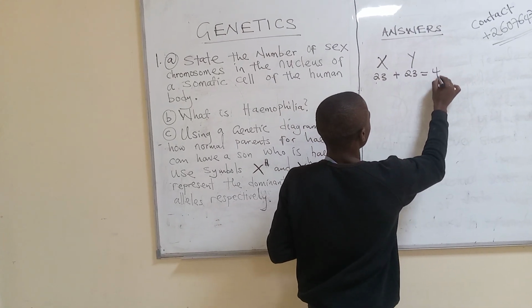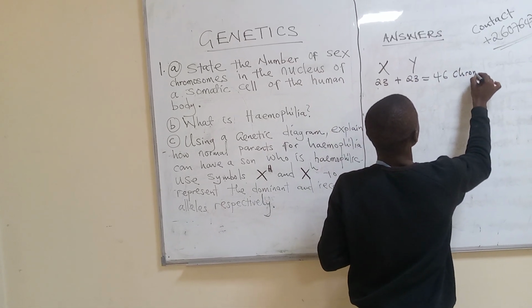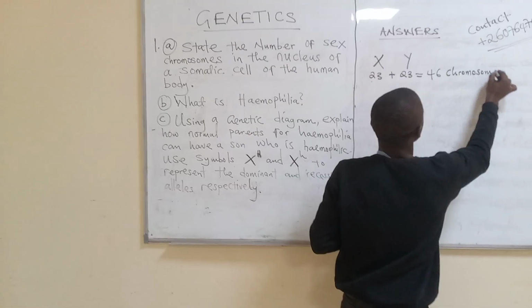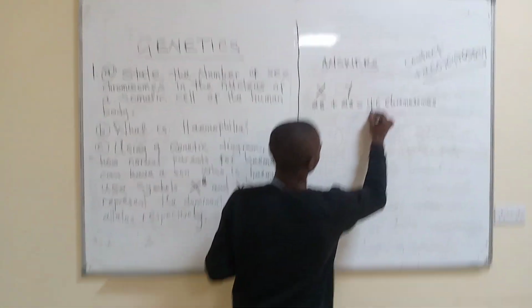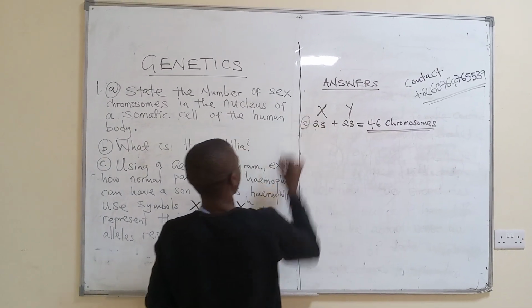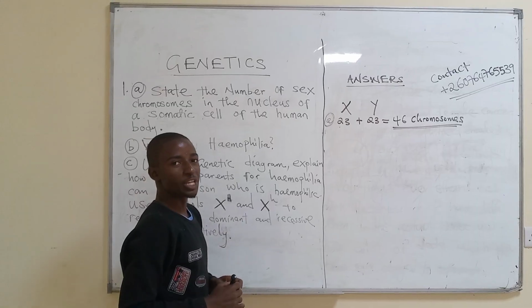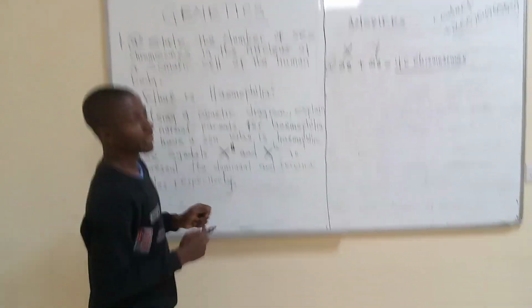You are going to get 46 chromosomes. So the solution to our question is 46 chromosomes. That is A.